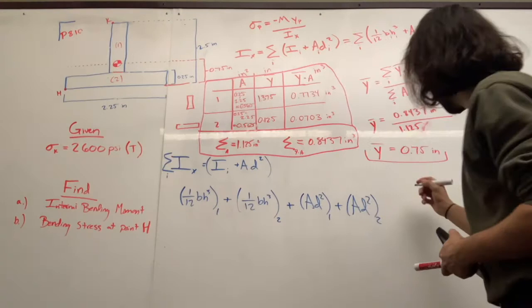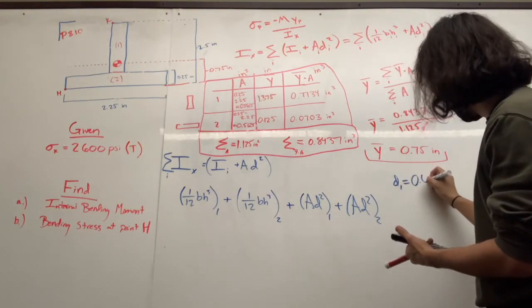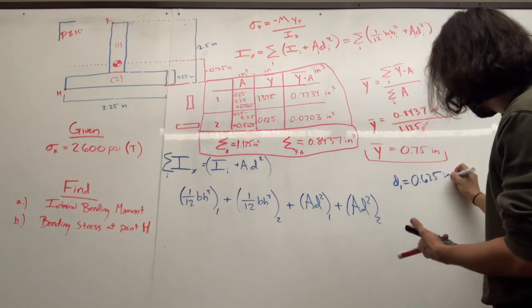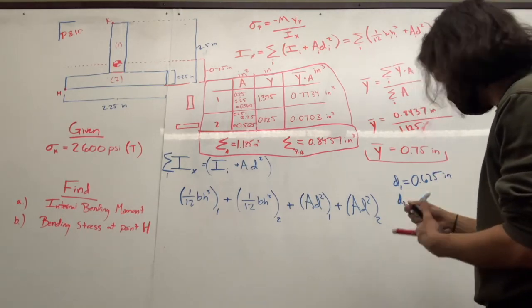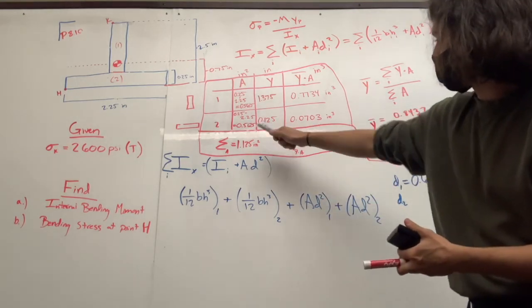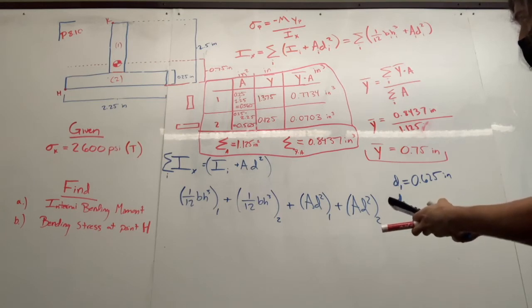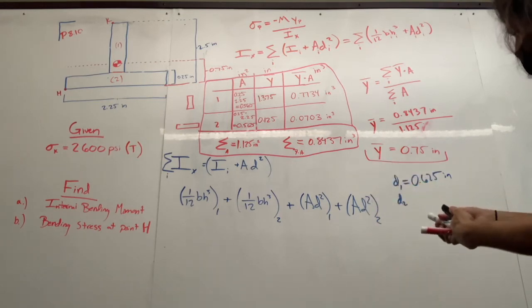So then we know D1 is equal to 0.625 inches. And then D2, we do the same thing. We have 0.125 and 0.75. So we go 0.125 minus 0.75, and we're left with a negative 0.625.